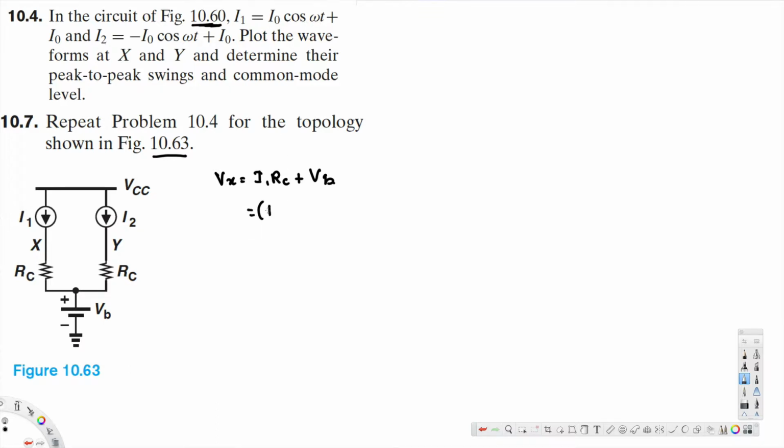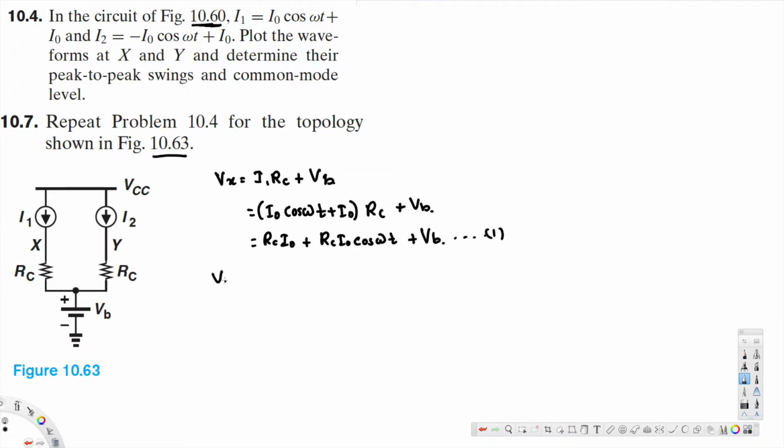So this is going to be I naught cos omega t plus I naught times RC, and we keep the VB as it is, and this will become RC I naught plus RC I naught cos omega t plus VB. This is equation number 1.